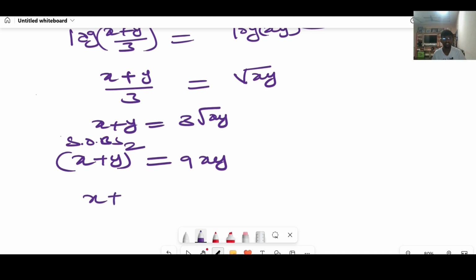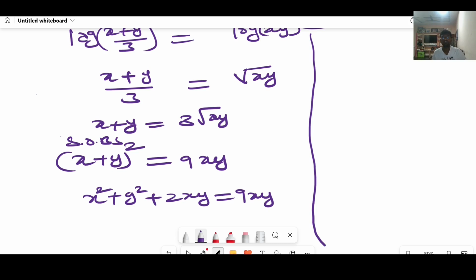And then if you split that (x plus y) whole square, you will get x square plus y square plus 2xy equal to 9xy. Now x square plus y square equal to 9xy minus 2xy, right? x square plus y square equal to 7xy.